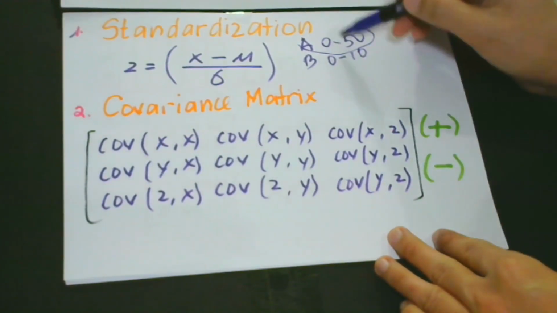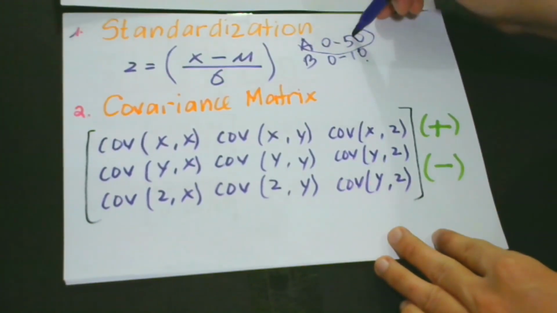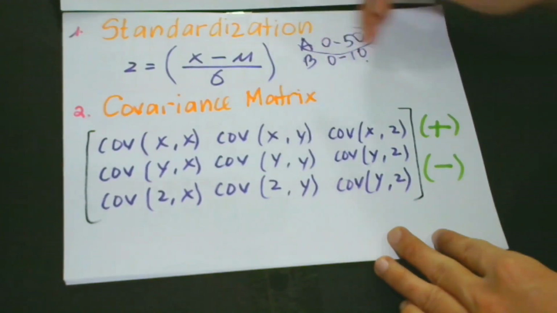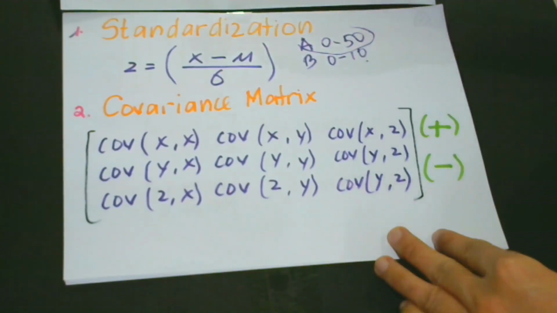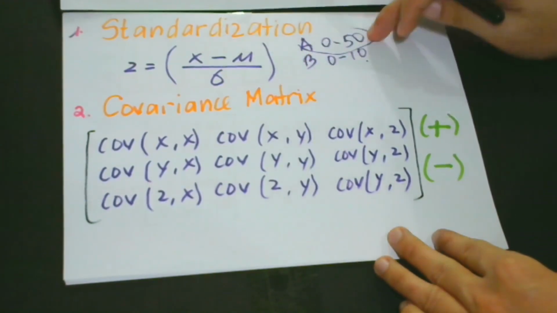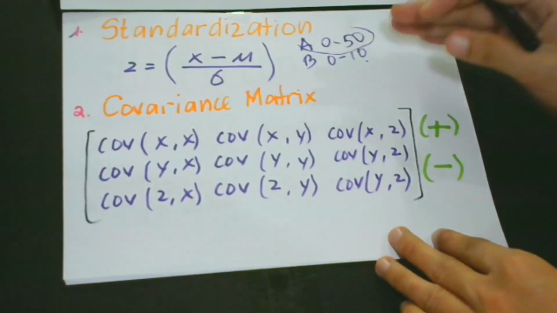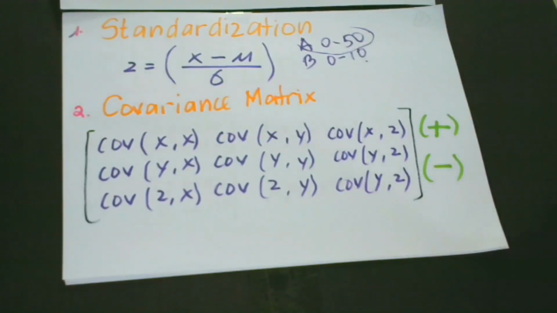Remember, it's 0 to 50 and 0 to 10. Obviously, because the range is so big, it will just dominate variable B. It's as if variable B has no effect at all. So in this case, standardization, being sensitive to variances, works to avoid this kind of problem.